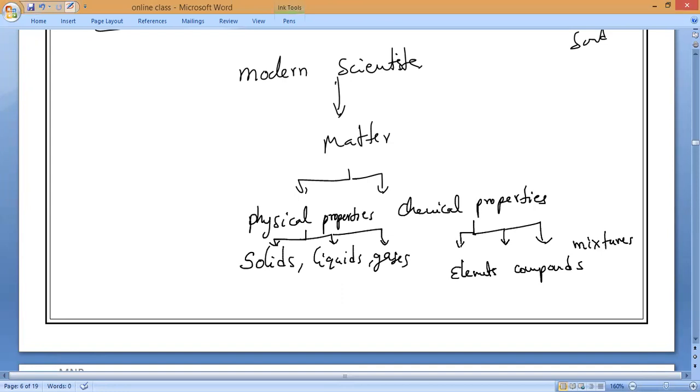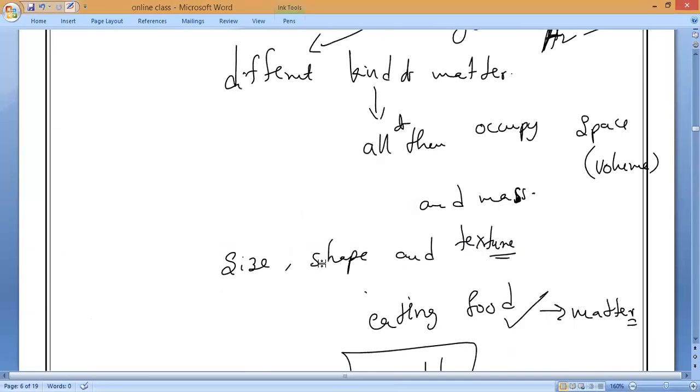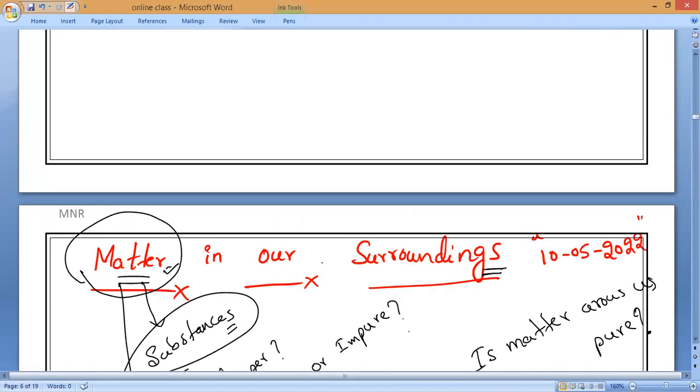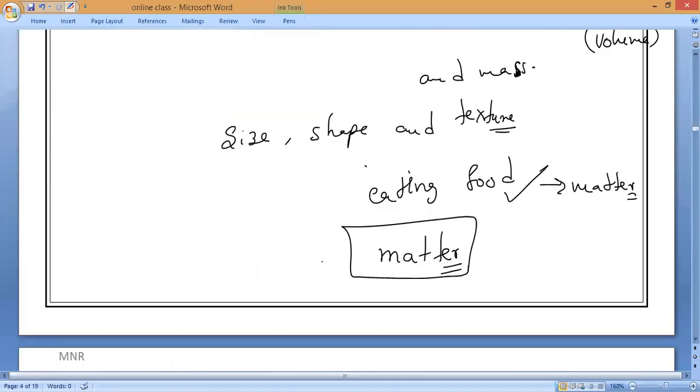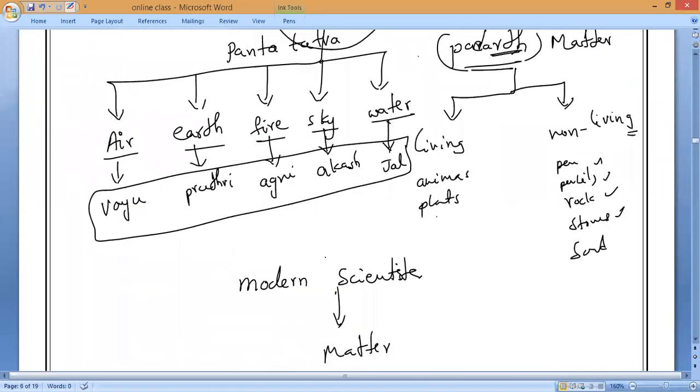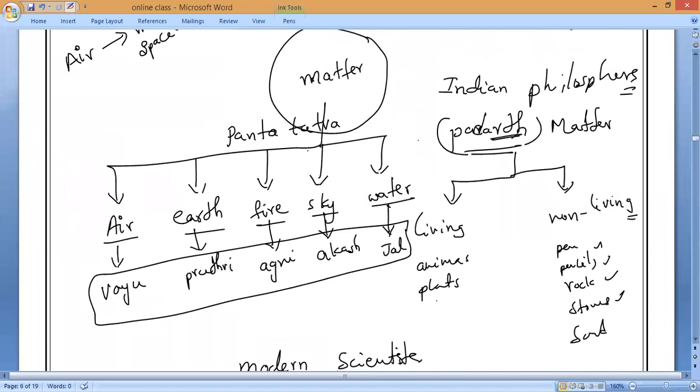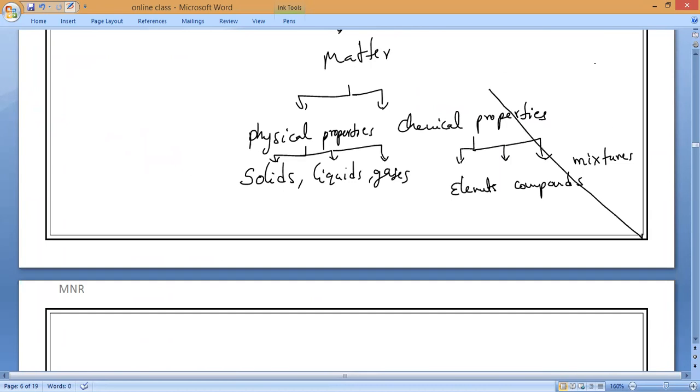This classification is done by modern scientists. We will study this in our class 9 chapter, called Matter in Our Surroundings. In this chapter we will not study based upon our Indian philosophers or chemical properties.